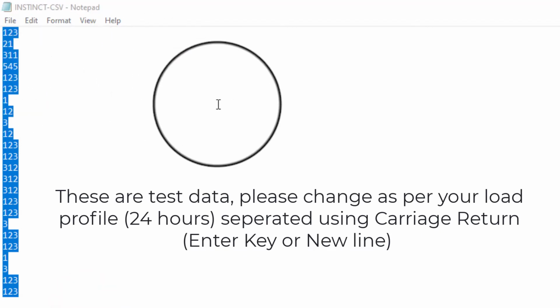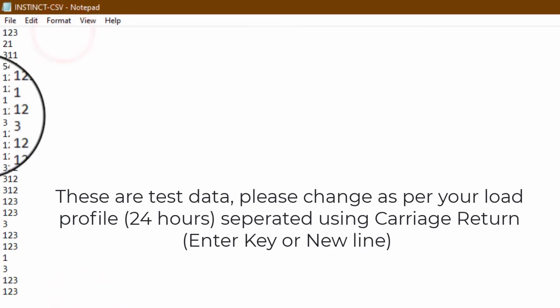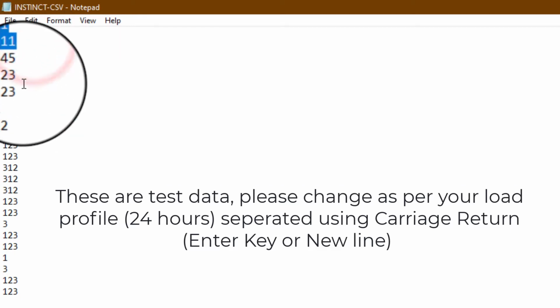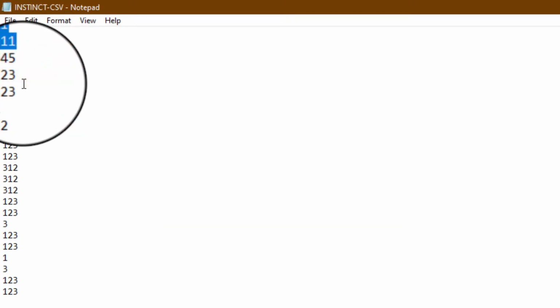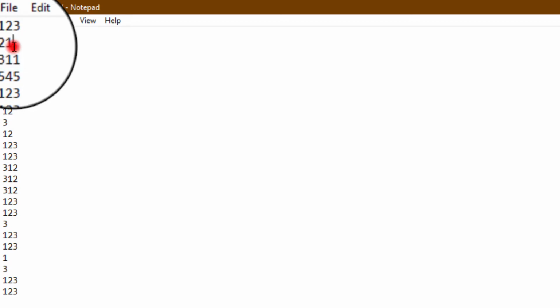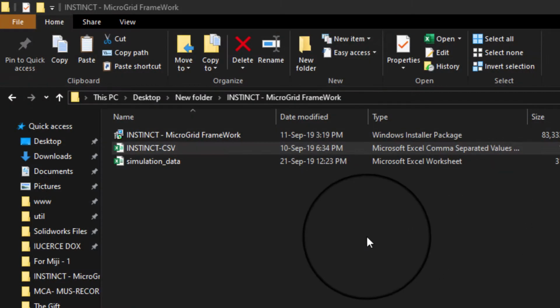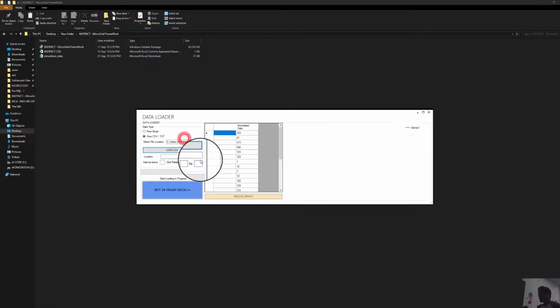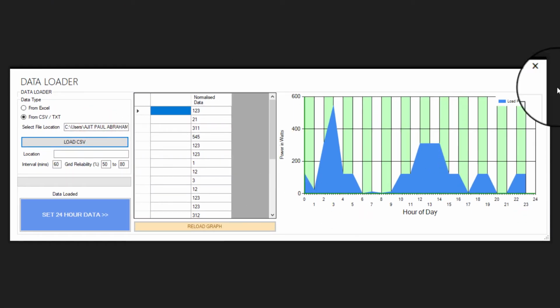You can give the 24 data values in a row, just the power at each point for the 24 hours of the day, and then close it. Then you just have to load the CSV from here. Click on it, and it will automatically load the data.